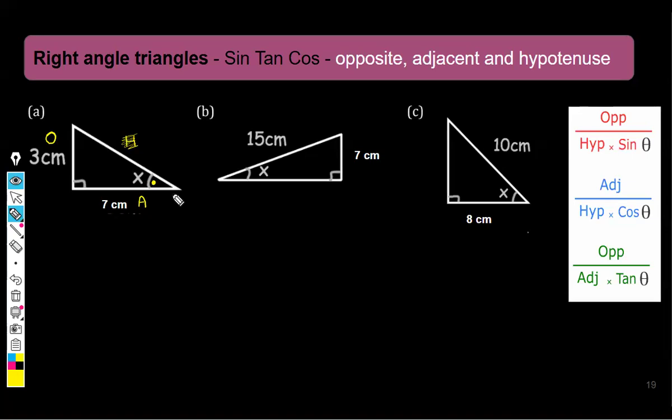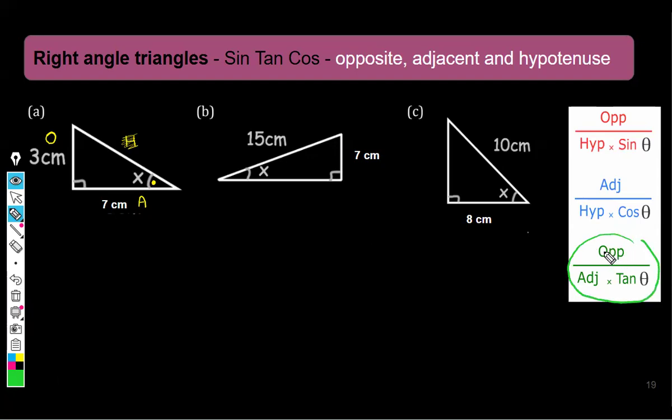Great. So which formula are we going to use? What's the only formula with O and A in it? It's the green formula.